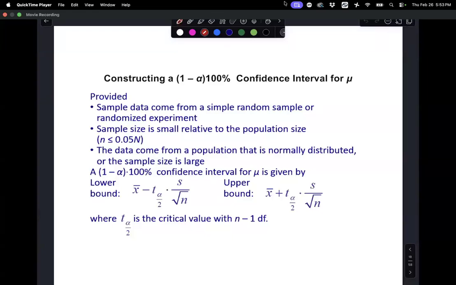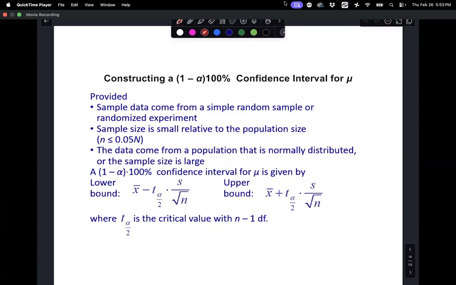You don't have to state it in My Open Math, but if you were doing it on your test, I would want you to say assuming random. So if it doesn't specifically say that it's random, we're going to assume it's random. The sample size has to be less than 5% of the population, and either the population has to be normally distributed or our sample size has to be 30 or greater.